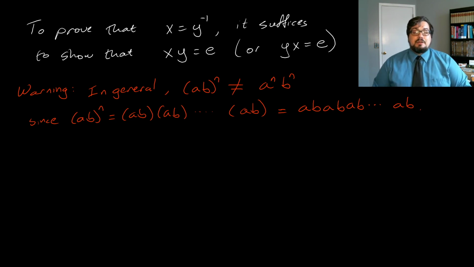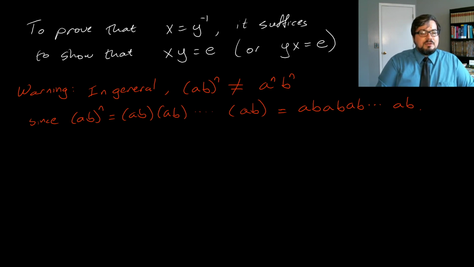If our group isn't abelian, we may not know any way of simplifying this. In fact, there are many groups in which a string of elements like a, b, a, b, a, b can't be simplified. You just have to leave the element like that.